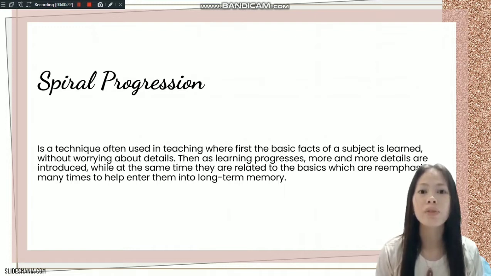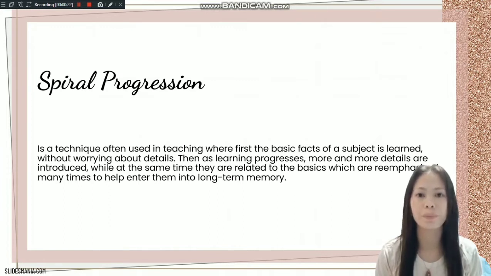The idea is to expose the learners to a wide variety of concepts, topics, and disciplines until they master them by studying them over and over again, but with different depth depending on the complexity for the student.